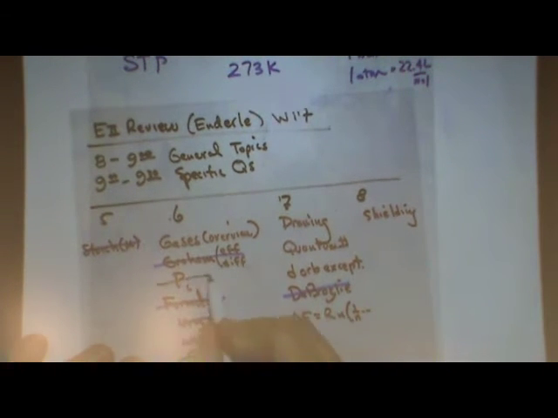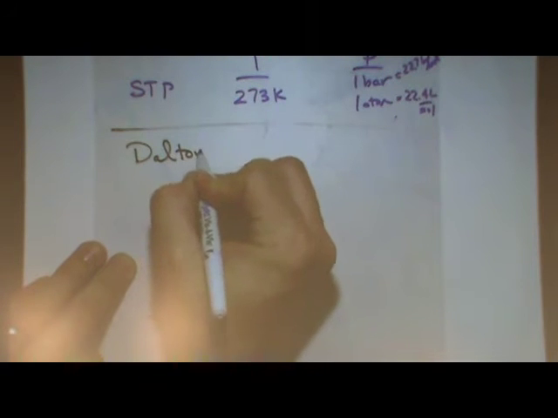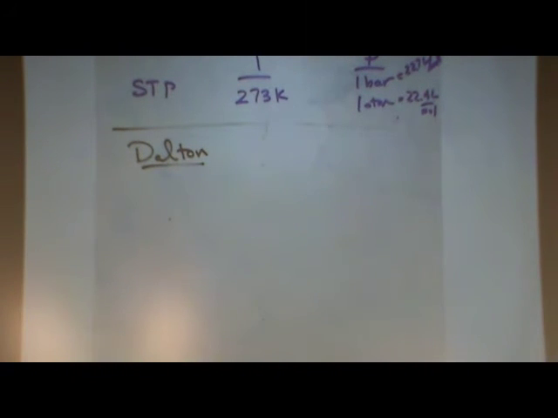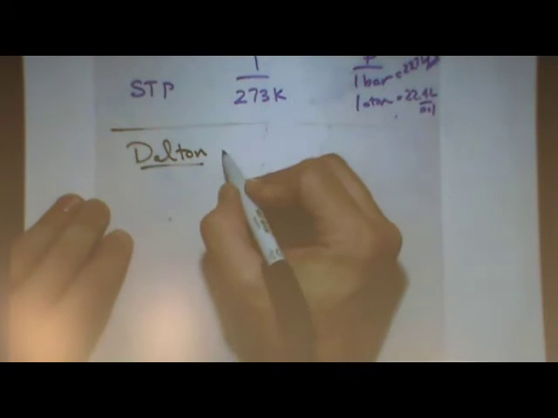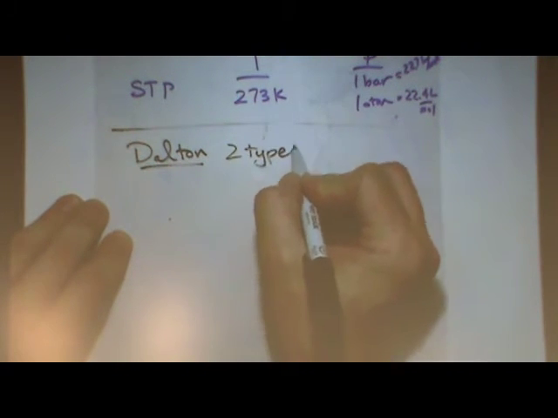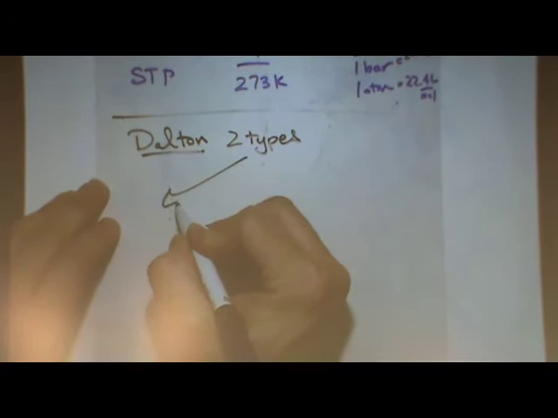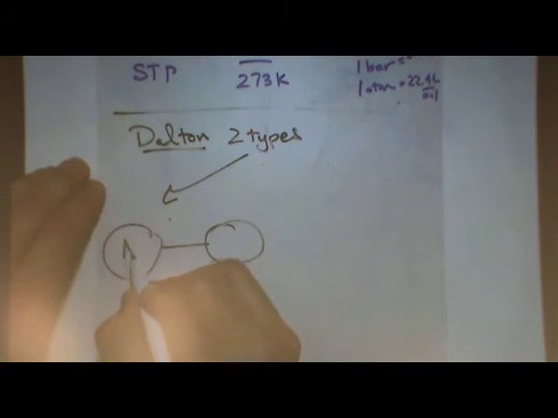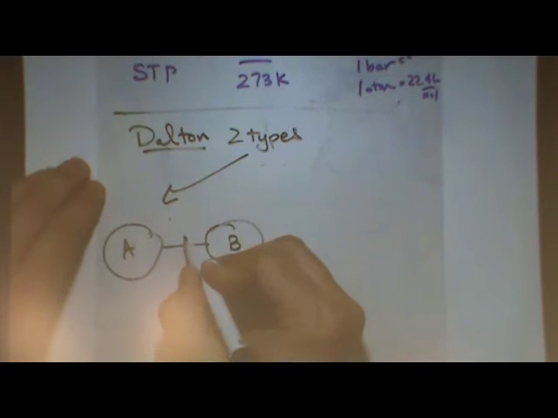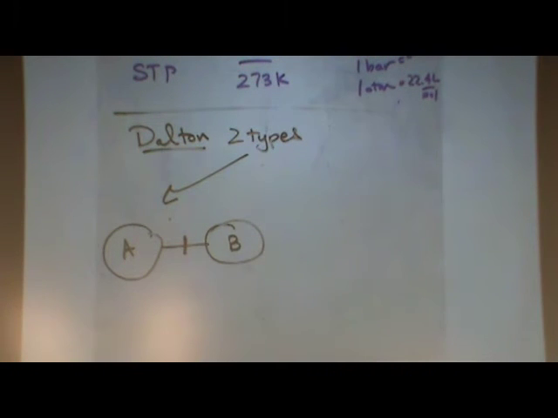Let's do the partial pressure. This is Dalton's law. There are two types of questions generically that you're going to see, and if you have a specific example, you can show me afterwards. One type is if you have two gases, gas A and gas B, and say they're separated, and then you remove the separation and they start to mix together.